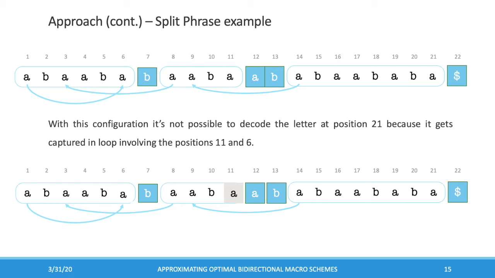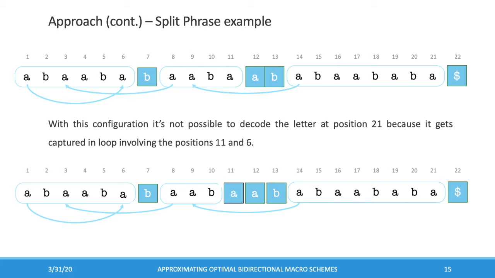This position becomes an explicit letter of the macro scheme, and this operation just produces a subphrase. In this case, it's the left phrase, and the left phrase never needs to change its pointer, so it retains the pointer. In this case, the pointer of this left phrase is going to position 3.